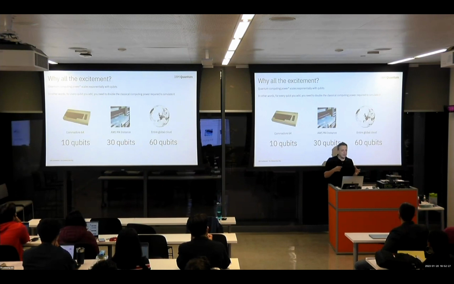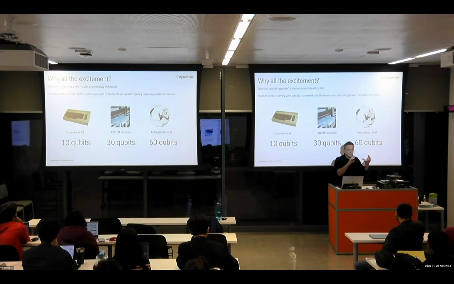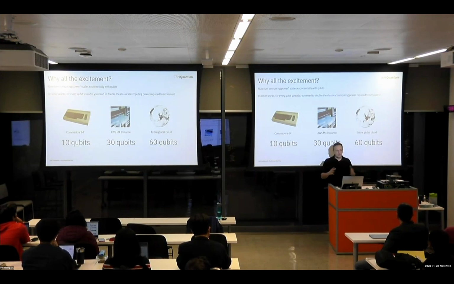So if you want to simulate 10 qubits on a classical computer, you can do that on a Commodore 64 from like 1983. I used to have one when I was 13. It's like 64K of memory. You can simulate 10 qubits on a Commodore 64. If you add one more qubit to that, 11 qubits, you need 2 Commodore 64s to simulate that. And 12, you need 4, and so on. So you can see, by adding qubits to a quantum computer, you are increasing the computational power exponentially.